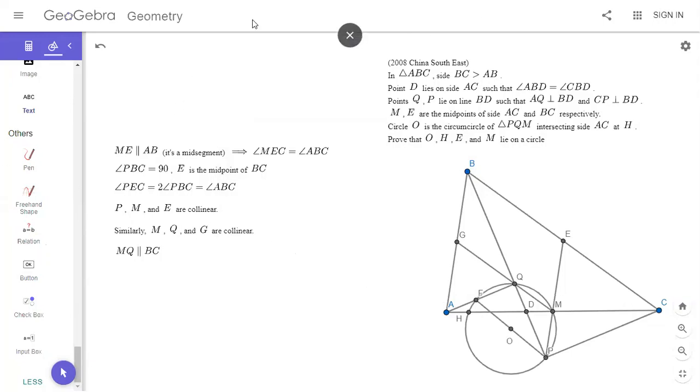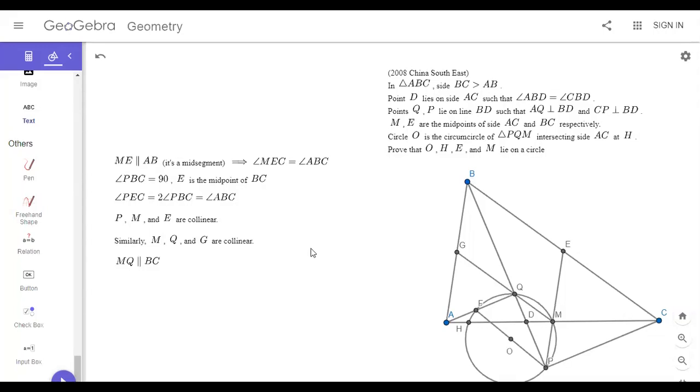How does that finish the problem? I forget. Hakan was saying we're done. I forget how. Wait, he said because MQD is equal to, help me out. How do you do the angle chase that finishes it?